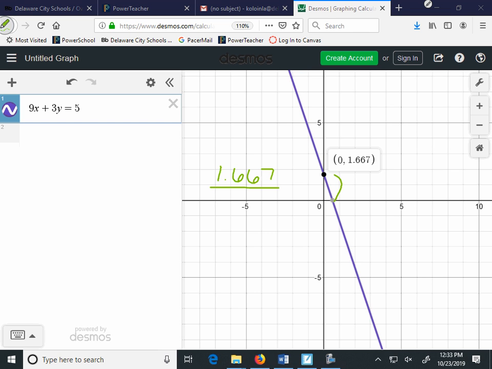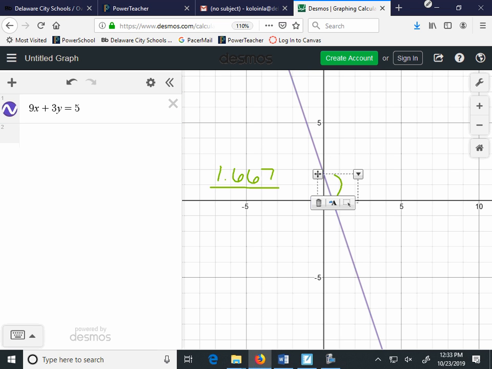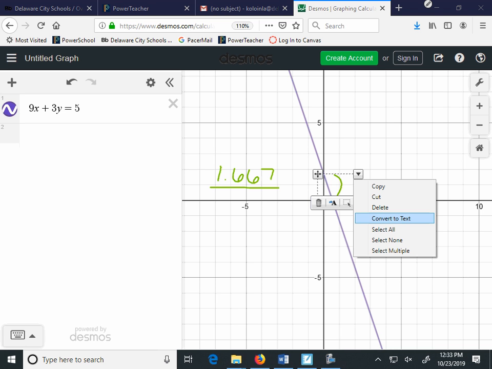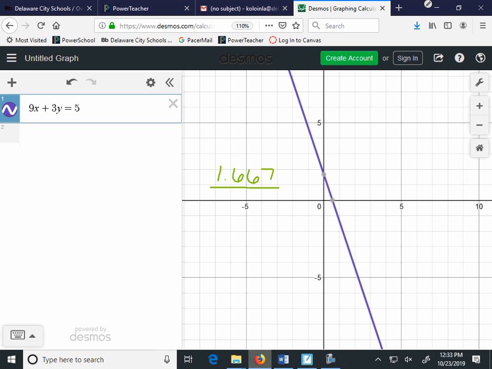My run is going from 0.556 to 0, and I went left. So that means I went negative 0.556.